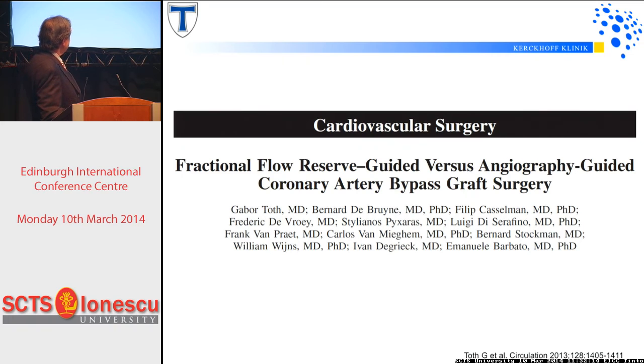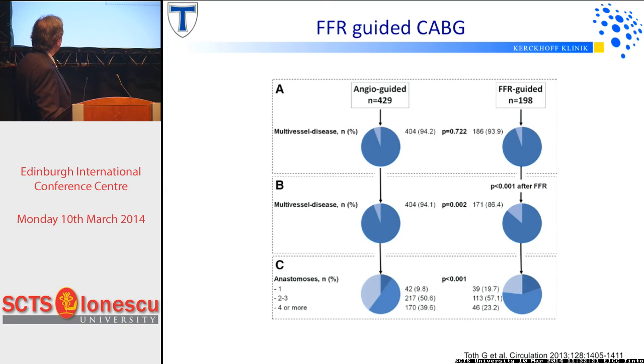Other data for surgery: there's one study, interestingly, published last year for surgery using FFR. And first, you see here the protocol, the angio-guided revascularization and the FFR-guided revascularization. After FFR, the number of triple vessel disease of significant stenosis was reduced from 93 to 86%.